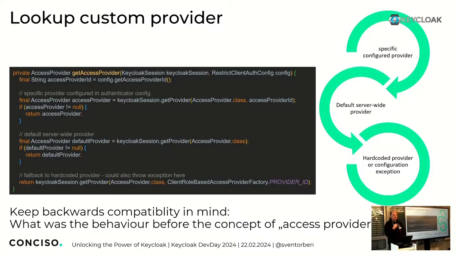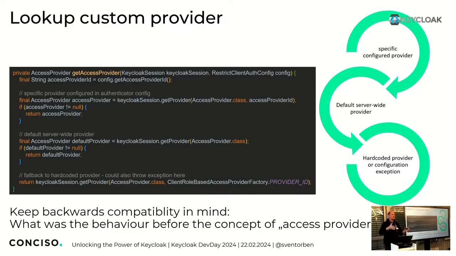So my default was, okay, if it's not configured anywhere, not server-wide, not locally, use role-based access control, because that's what people would expect when they upgrade, right? They have the extension, they're using it, they upgrade to the new version. You wouldn't expect it to suddenly do, I don't know, policy-based or whatever. So be aware of that.